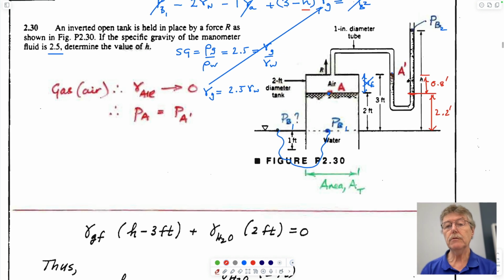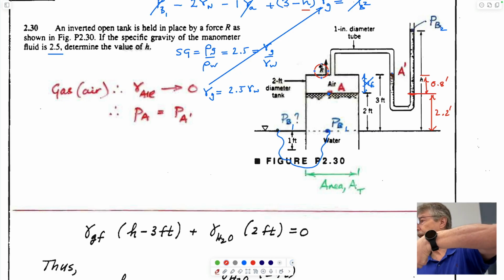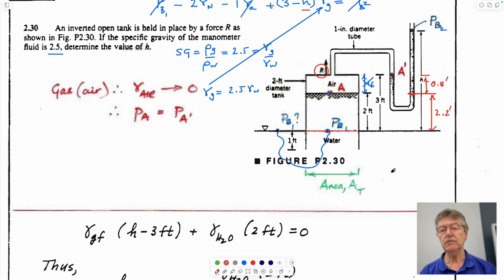And if we wanted to, how would you calculate the value of this force that you have to apply to pull your baked bean can up? You could either do it by just cutting this off at the base, because you know this has the same atmospheric pressure, and you could write pi d squared over 4 times 2 feet times gamma water equals R, right?